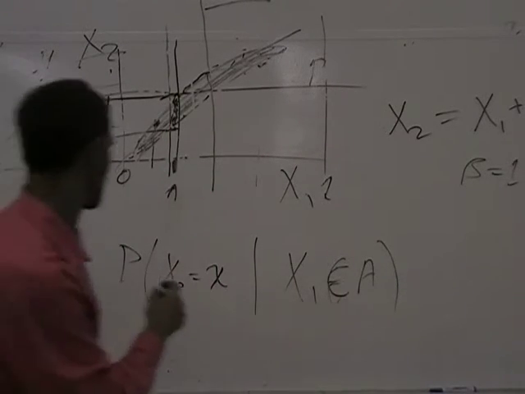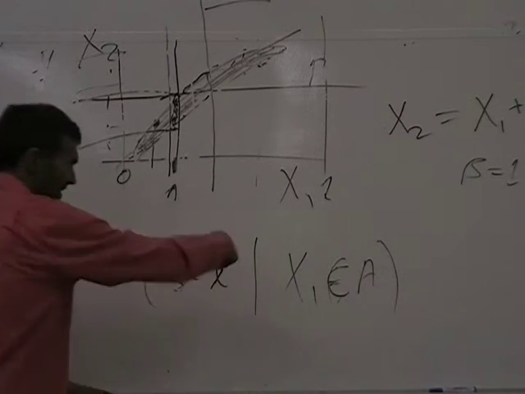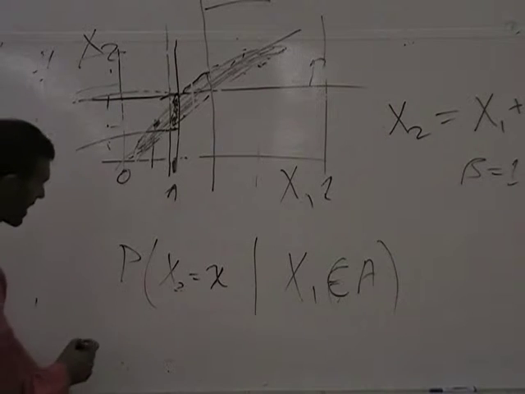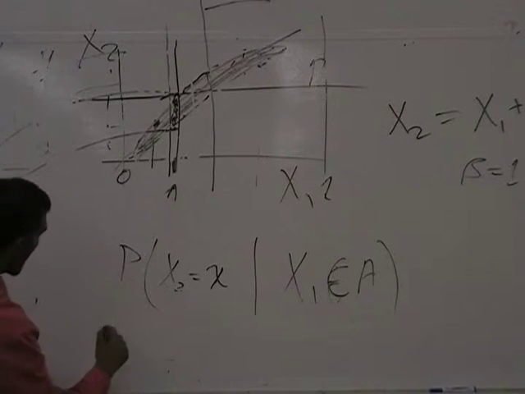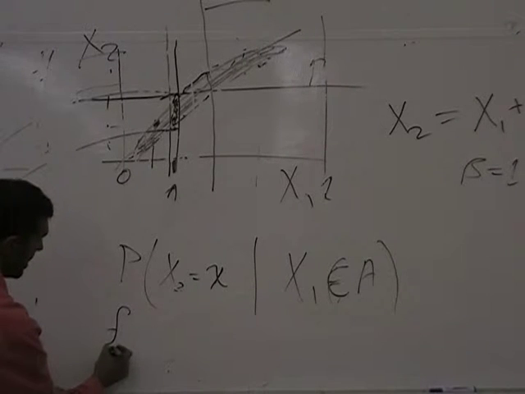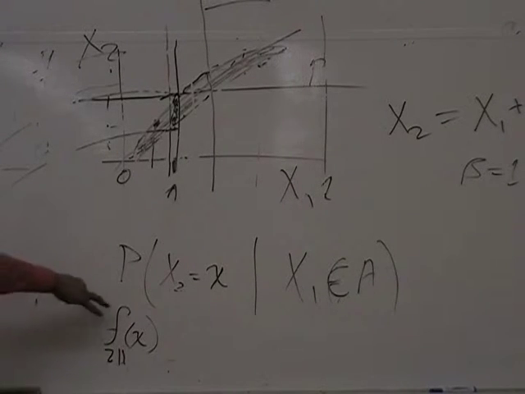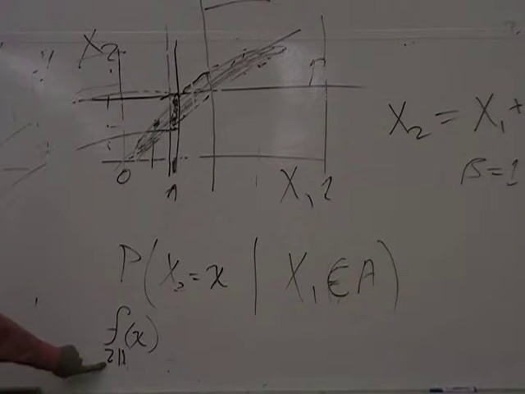So we could write down a function a little better than this. We could write something like f of x2 given x1, the distribution function for the second random variable, conditioning on the first random variable.